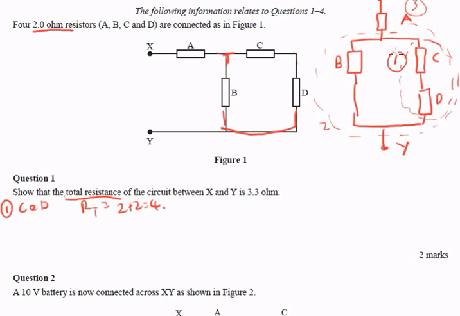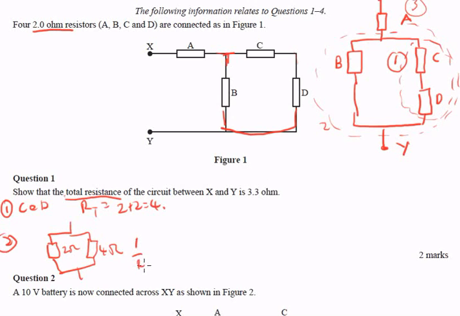Alright, now I've got the equivalent of a 2 ohm here and a 4 ohm here. This is my 2 ohm here, and I've got these in parallel.